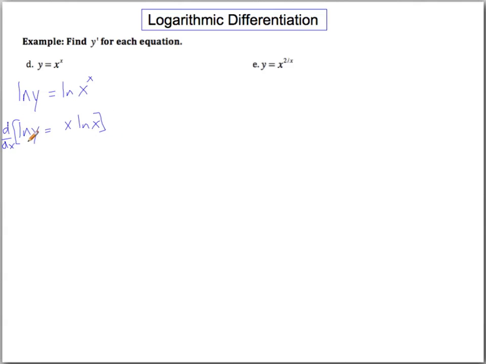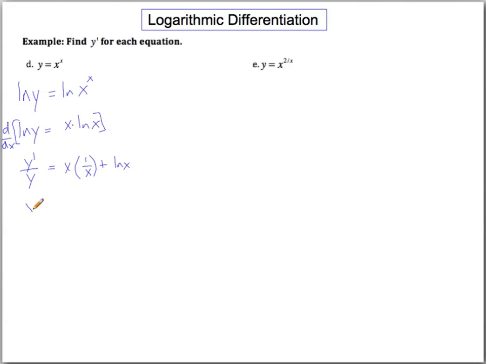So the derivative of natural log of y is just y prime over y. And then on the right side, we're going to have to do the product rule here. So the first function times the derivative of the second, which is just 1 over x, okay, plus the second function times the derivative of the first, which is just 1.